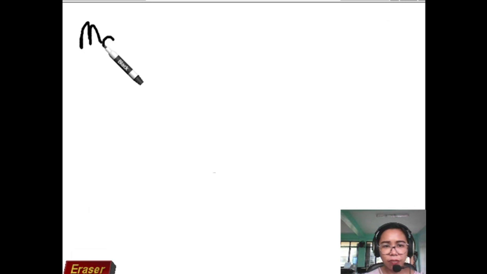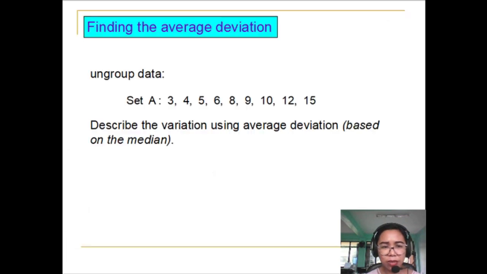If you can recall, to determine the median value of a raw data or ungrouped data, we must arrange first the data, either lowest to highest or highest to lowest. It doesn't matter because its middle value remains the same. So we have here 1, 2, 3, 4, 5, 6, 7, 8, 9.